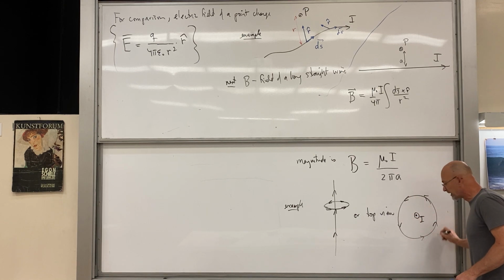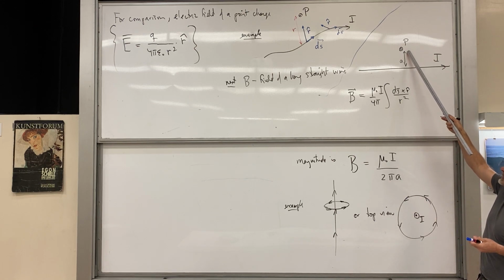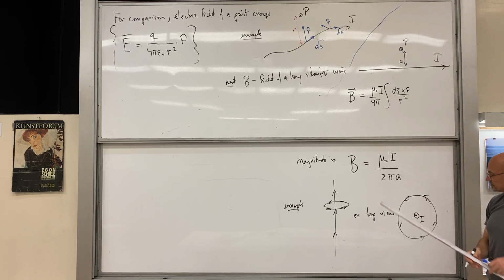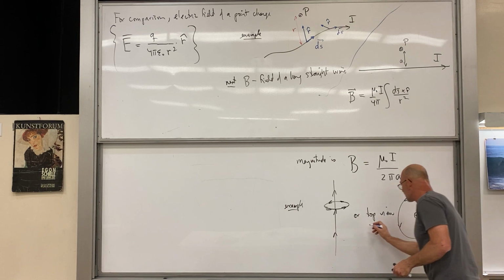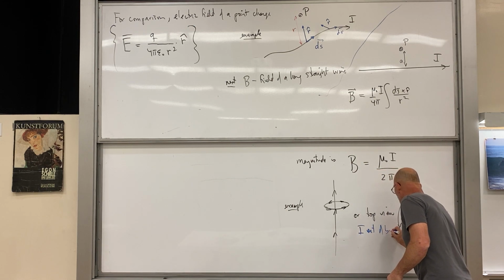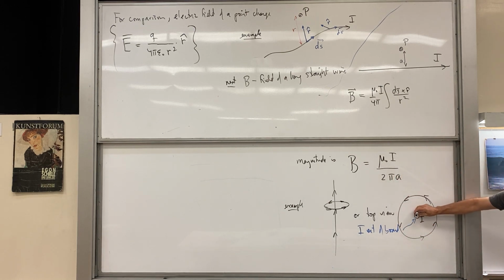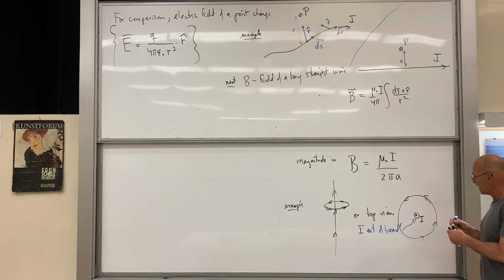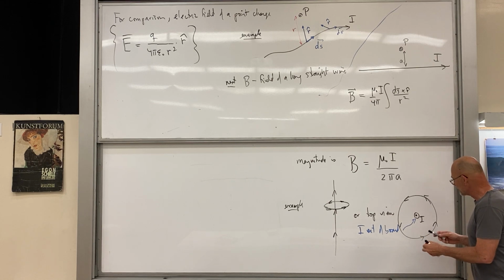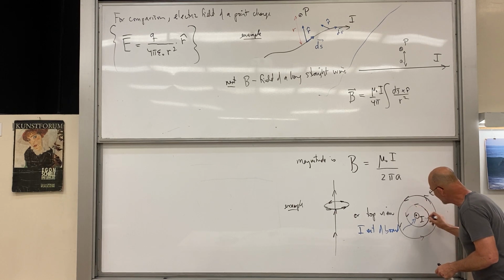That's just a consequence of this vector product and actually just this analysis right here. So here I is coming out of the board. Right, so the long straight wire, we're looking down on it, and you'd have these concentric circles for the B field, or the field lines.